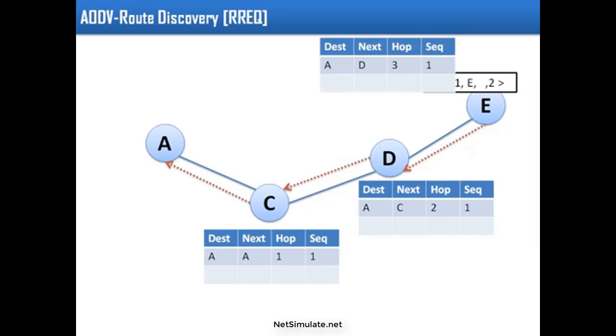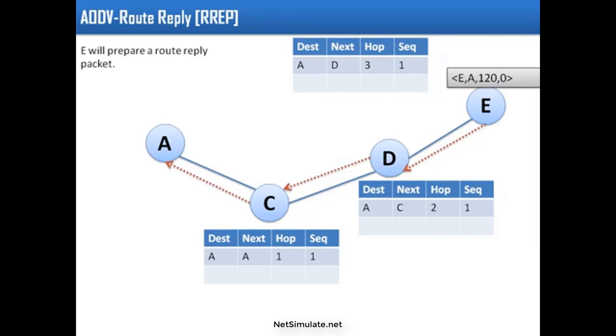This red arrow is keeping track for sender A of how to reach A. E has prepared a route reply packet: sender, receiver, destination sequence number, hop count. Again, hop count is the distance from the sender. Currently we are at E, so the distance from E to E is 0.